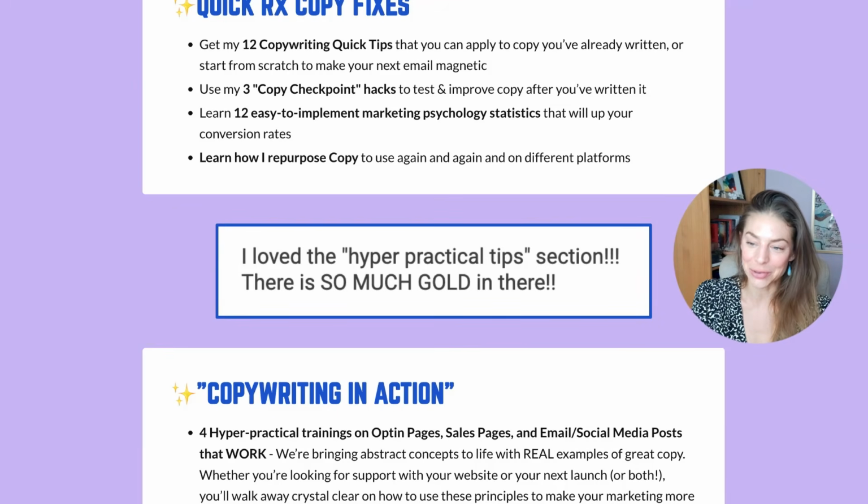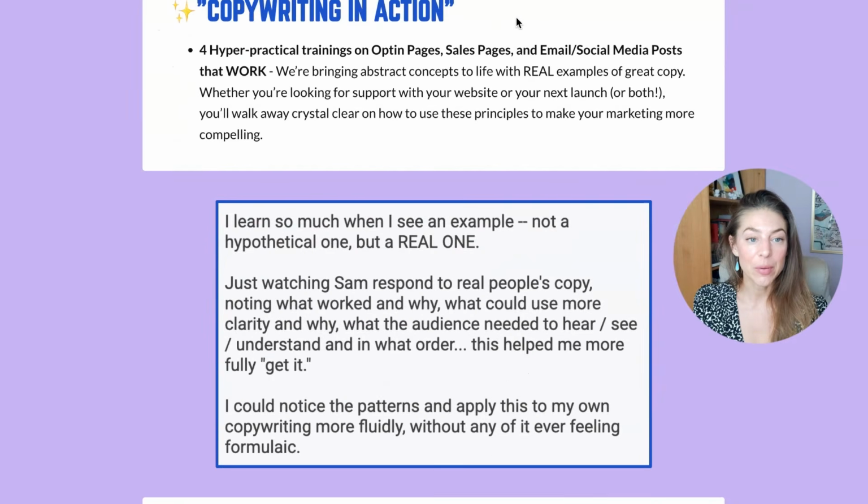This isn't them telling a story. They didn't actually follow my directions, but the fact that I have someone praising this one specific section of the program is gold. Now, under the copywriting in action section, I have someone who highlighted that because of the question: I learn so much when I see an example, not a hypothetical one, but a real one.